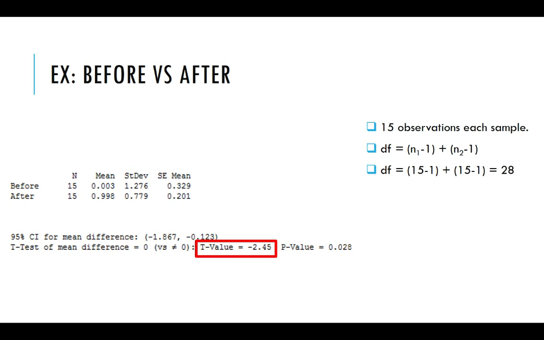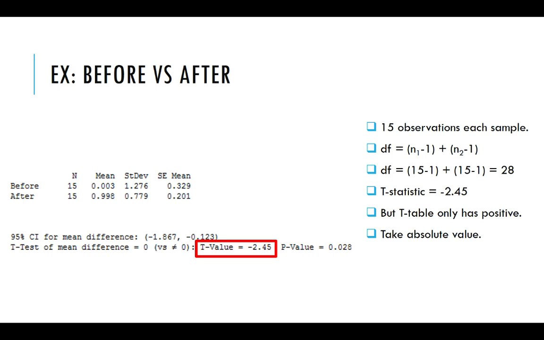All right. Now, our statistical output also gives us our t-statistic. Do you see it right there? I've outlined it for us in red, negative 2.45. But here's the thing. Our t-table only has positive numbers. Well, all we have to do is take the absolute value here.